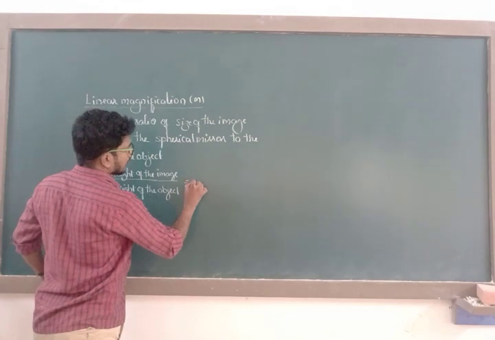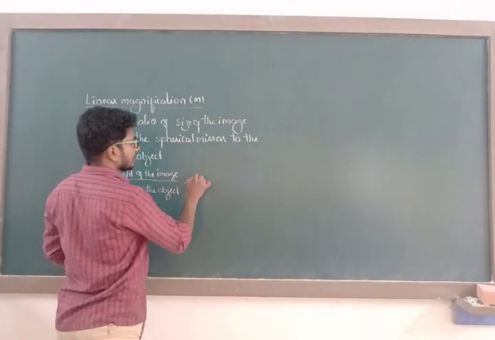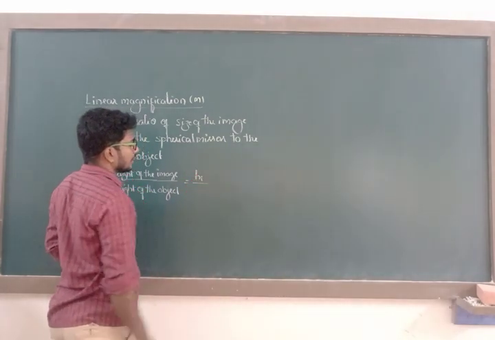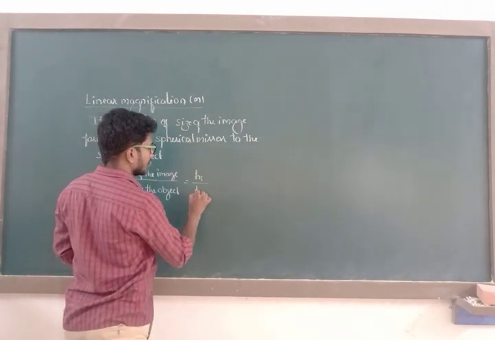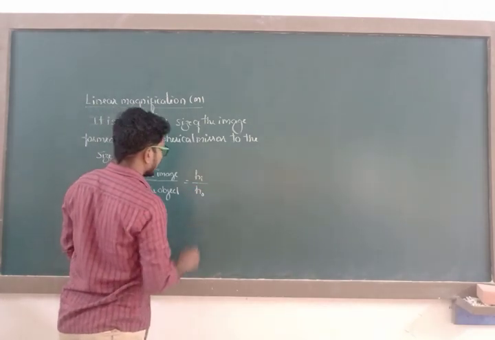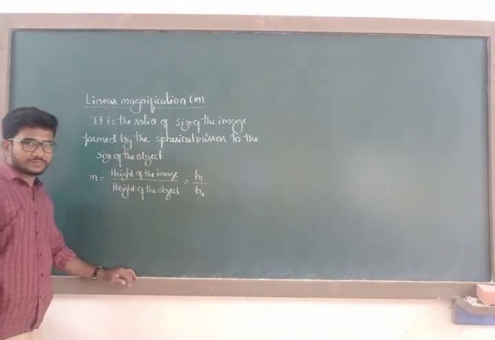So here, let us say h subscript I is the height of the image and h subscript O is the height of the object.